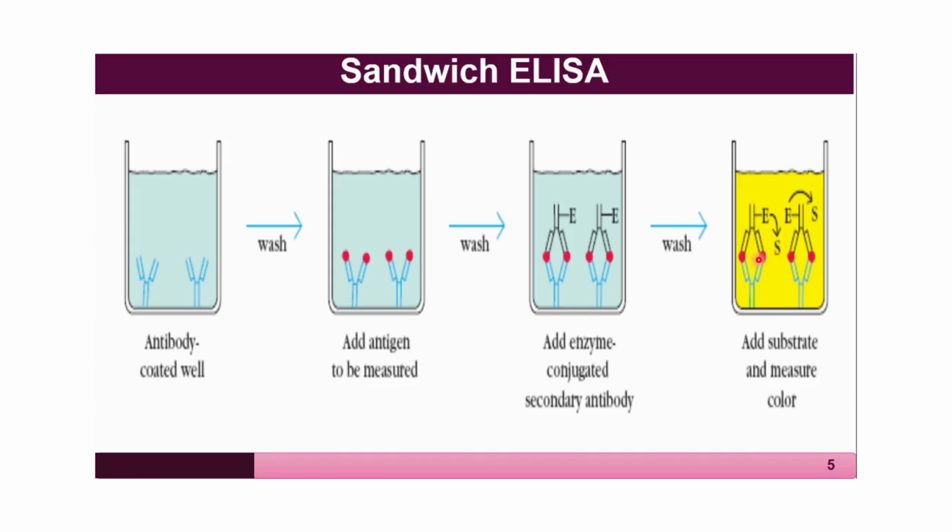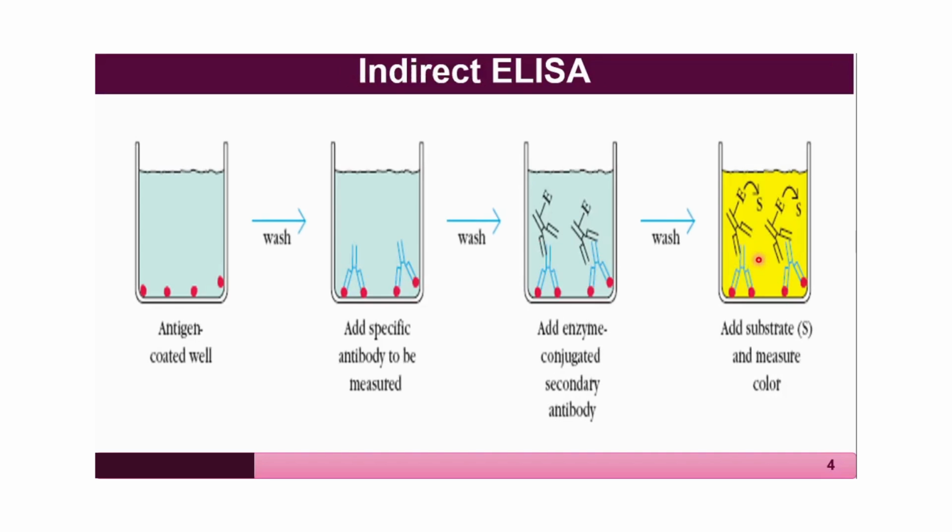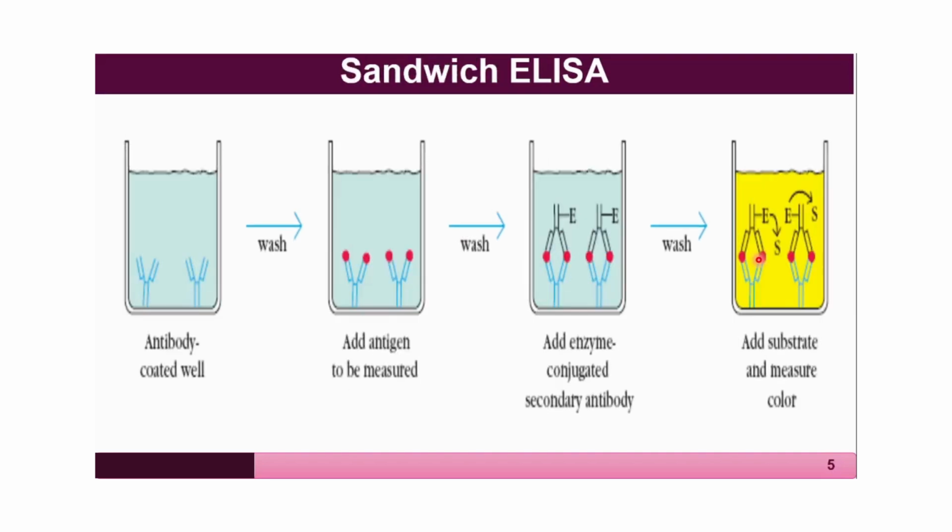Once again, the indirect ELISA as well as sandwich ELISA, both these techniques are used for the detection of allergic antibodies or allergic antigens in the patient's serum to detect various different types of allergens and to find a remedy for the person suffering from allergic reaction.